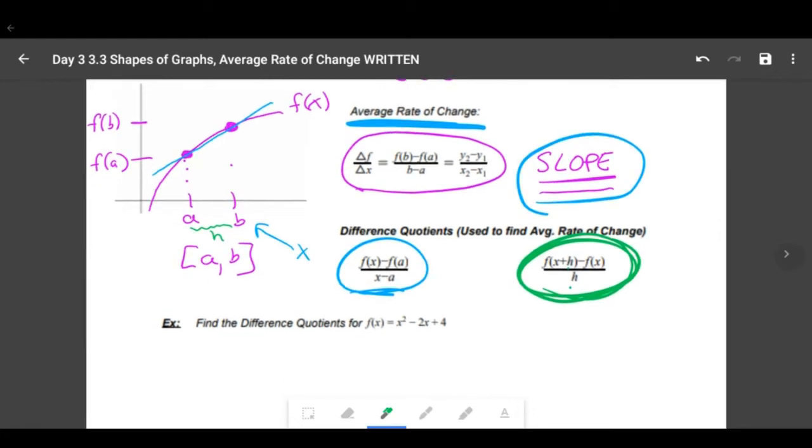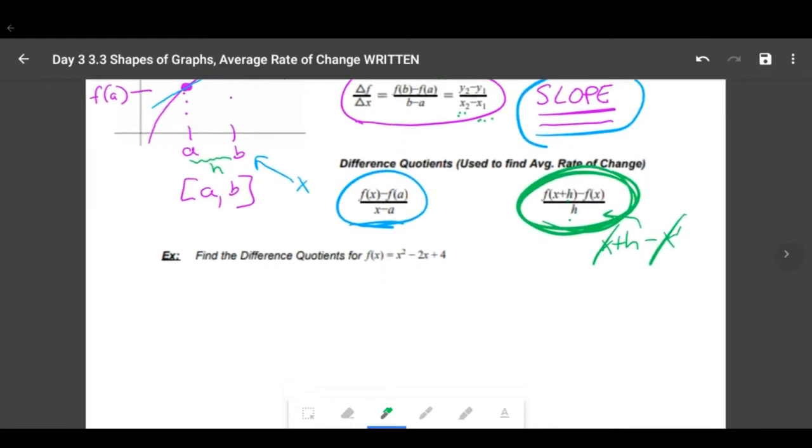Well, if the second x value was x plus h, and the first x value was x, that equation just comes from simplifying that denominator, right? And you would be left with just an h right there. So it's just a shorter way of writing it, okay? But like I said, I have there in green, that's typically what we're going to use when we're doing difference quotients, especially if we have a lot of variables, all right? So let's try it out.